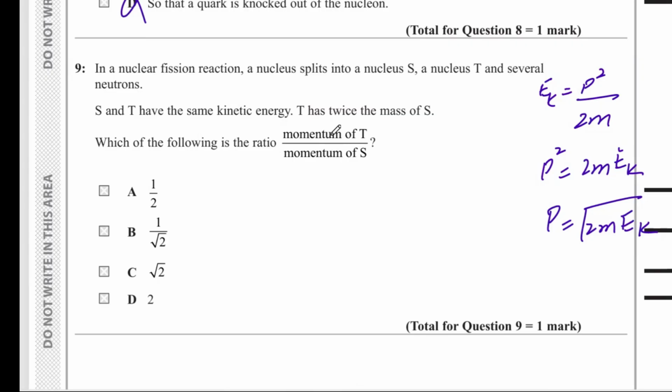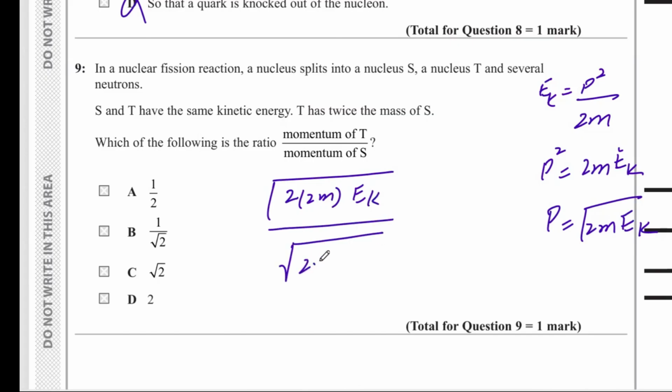Now I'm just going to plug in the momentum of T. T has twice the mass. If it has twice the mass, I'm going to write it down as 2m times Ek as well, and I'm going to divide it by 2m Ek. Then I'm just going to cancel things down.